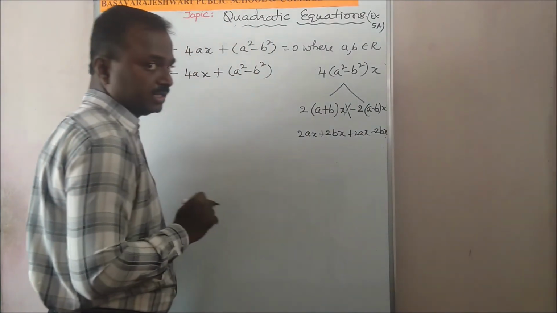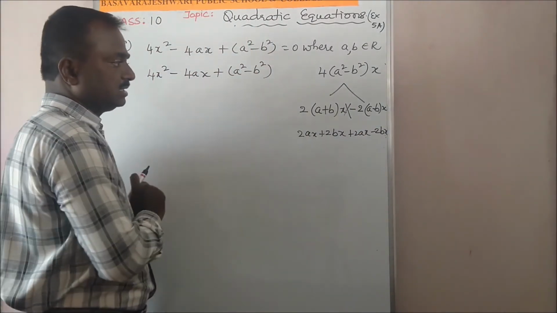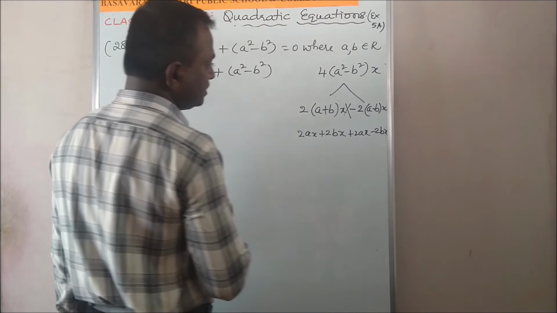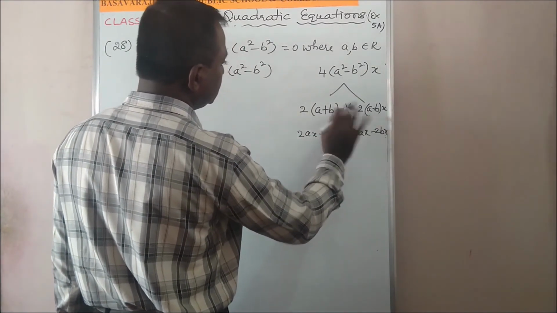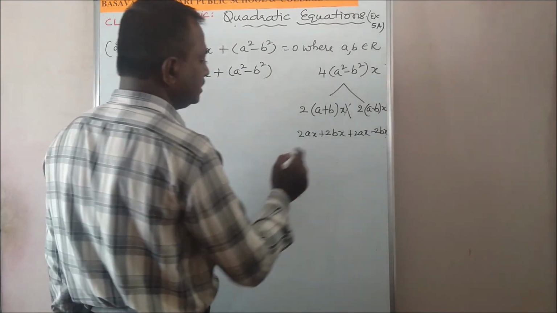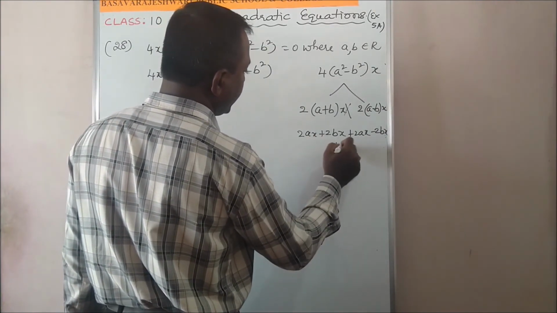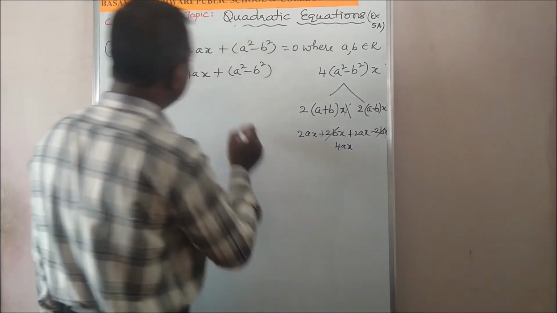If you add, you will not get that answer. If you subtract, you will get this answer. So 2ax, 2ax, 4ax. This will be cancelled.